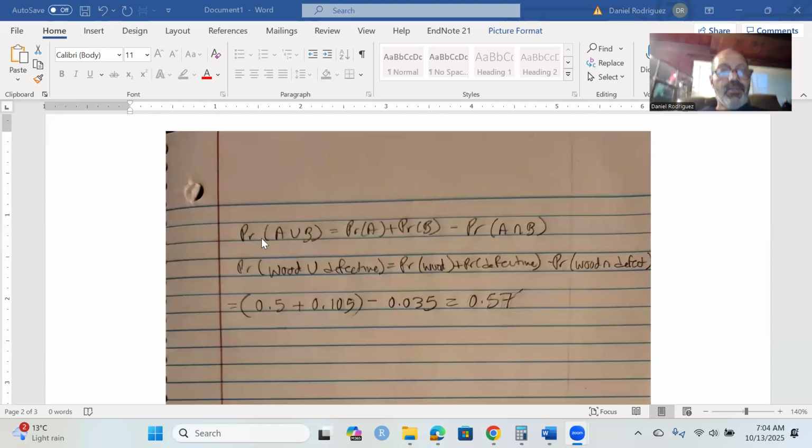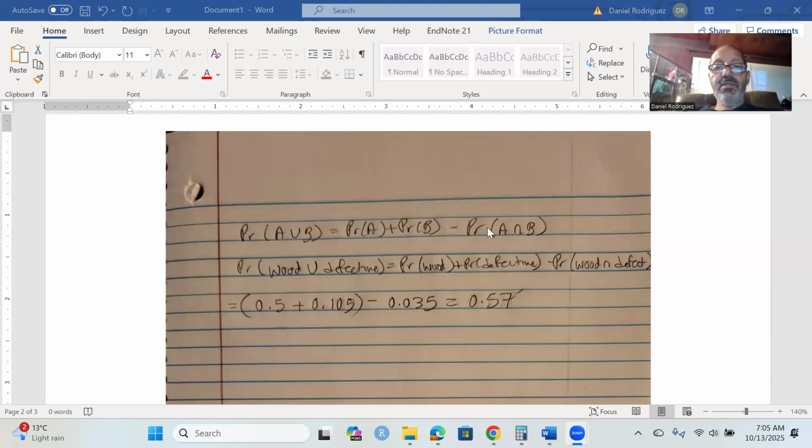So the probability of A or B, this is the union. Union is translated as or, and or in probability translates to addition, just like and translates to multiplication. Using the addition rule, and I'm doing this again with symbols, the probability of A or B is equal to the probability of A plus the probability of B minus the probability of A intersection B. This part is important if we are dealing with non-mutually exclusive events.